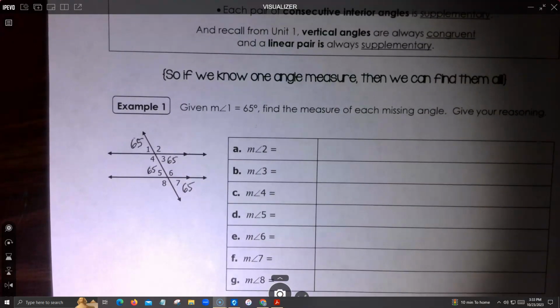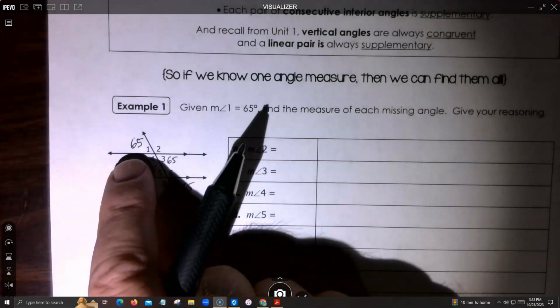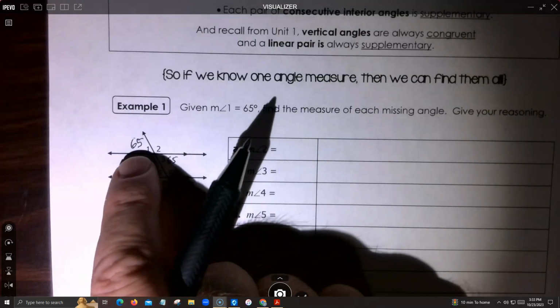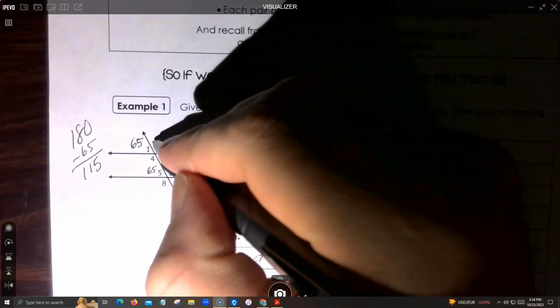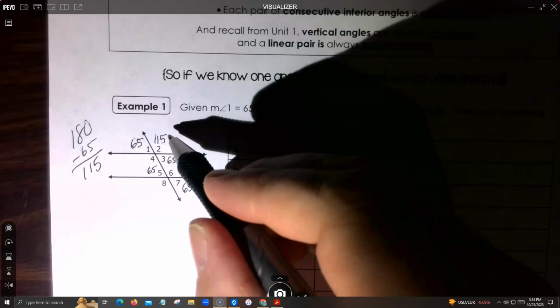Now, let's think about linear pairs. Remember, the total of a linear pair has to be 180. So 180 minus 65 is 115. That means angle 2 is 115. If angle 2 is 115, angle 4 has to be 115 because they're verticals.